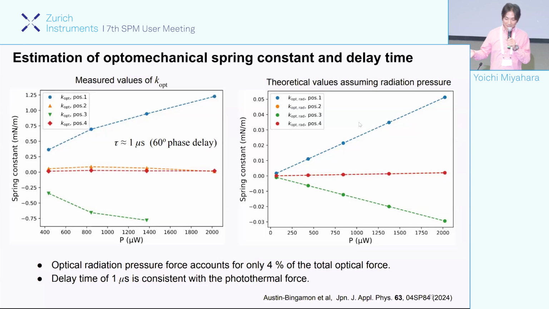That makes sense because we are using a very low finesse optical cavity, so the cavity ring-down time does not account for the time delay we need to explain this Q factor change. So basically, what we learn is that optical absorption, like the photothermal force, really dominates this process.